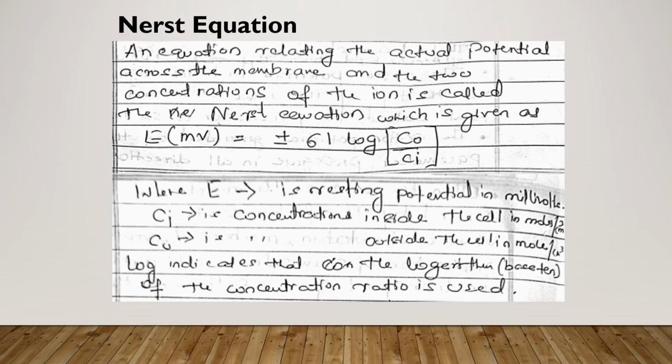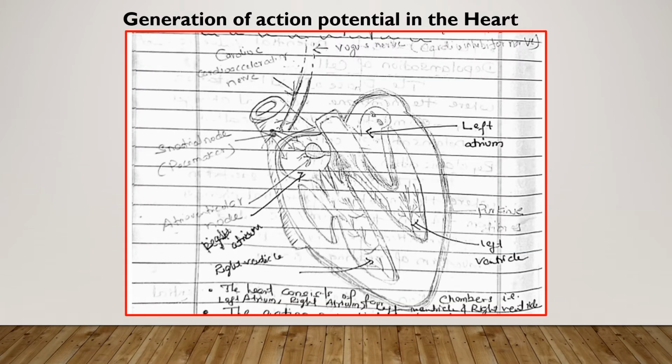It is given by E in mV equal to plus or minus 61 log of Co by Ci, where E is the resting potential in millivolts, Ci is the concentration inside the cell, Co is the concentration outside the cell, and log indicates the logarithm of the concentration ratio. Next is the generation of action potential in the heart.